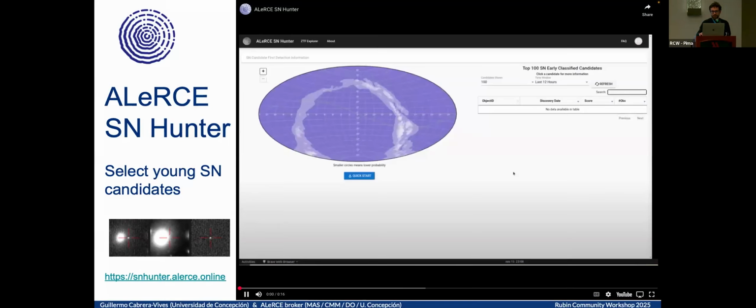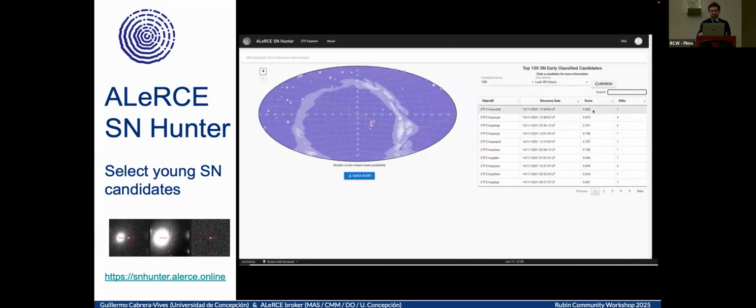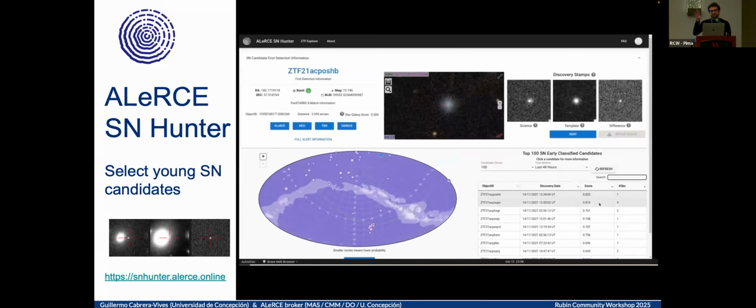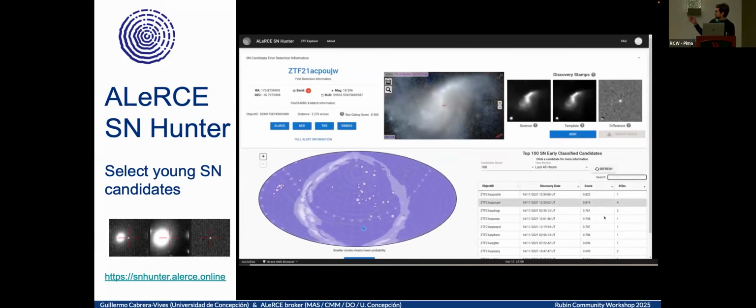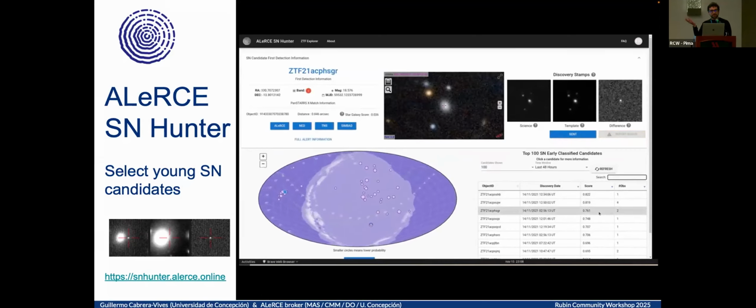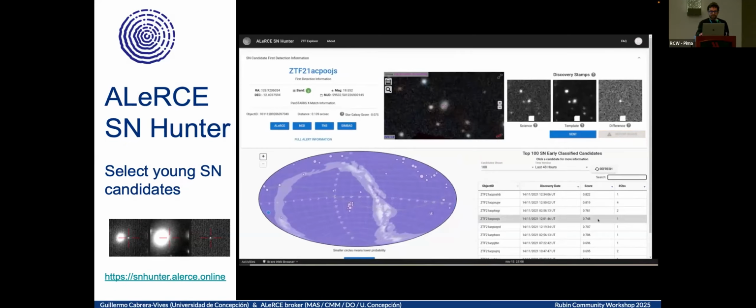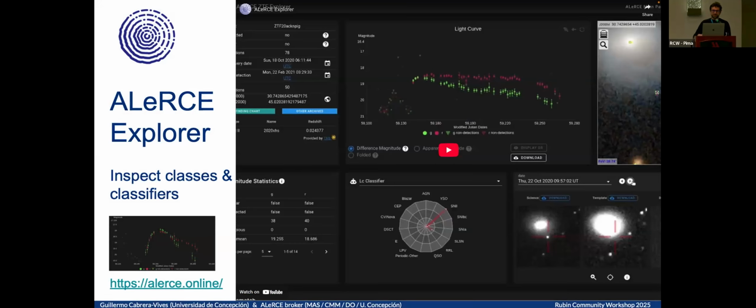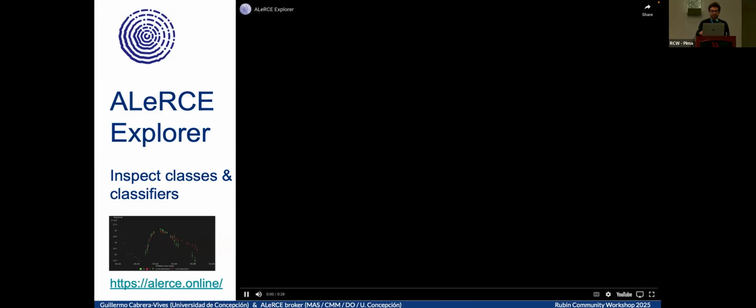One of the interfaces we have is what we call the Supernova Hunter. This is an interface, a website that shows you all the supernovae that appeared during the last night. Another one of these interfaces is what we call the Alerce Explorer.